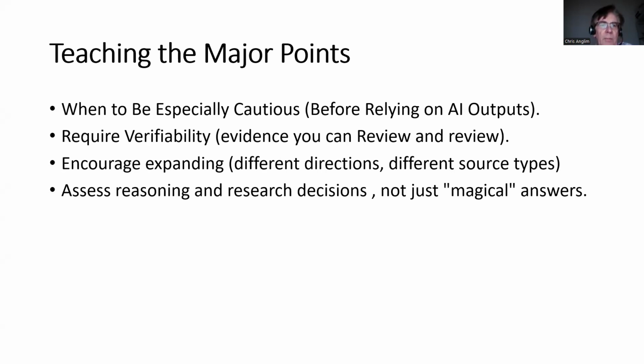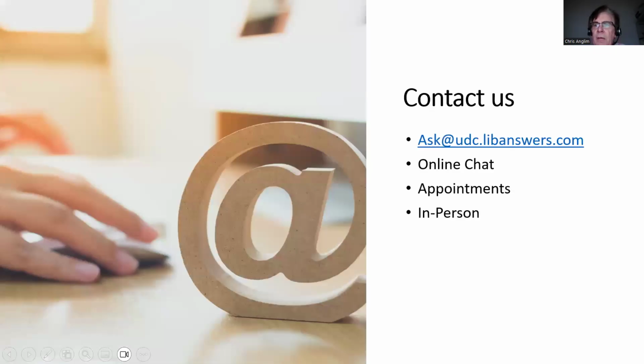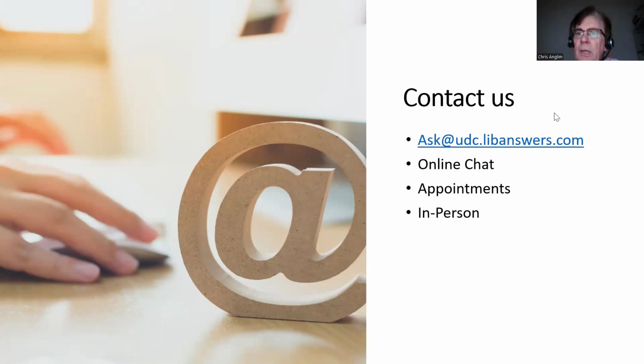Also encourage expanding your research as you go along, even if it takes you in different directions, to different source types. And then you also want to assess the reasoning and research decisions. You're not coming up with magical answers, but you do want to come up with answers that are meaningful, that answer your questions, and that show you've practiced ethical research.